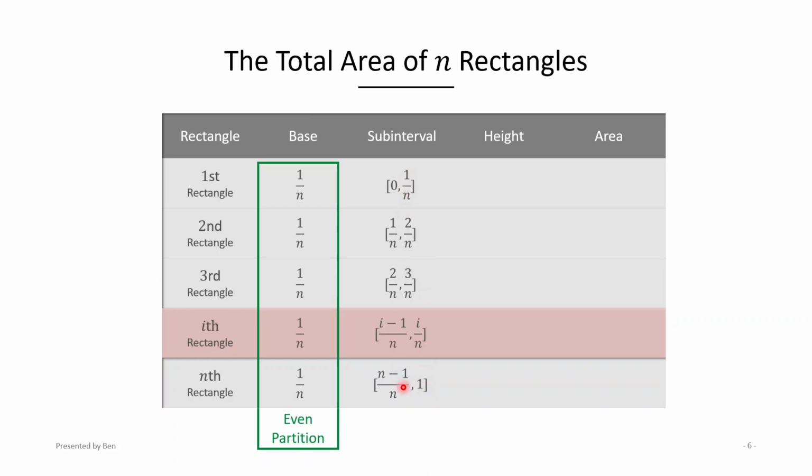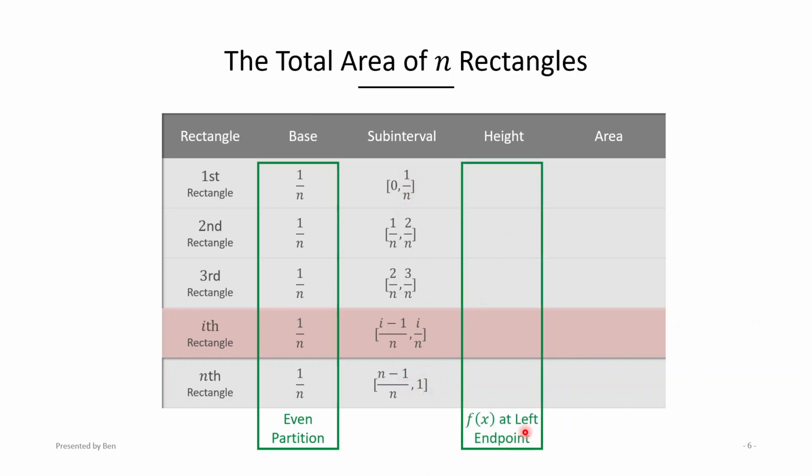With the subintervals, we can do the height and still take the left endpoint and take the function value. So for the first rectangle, it will always be 0 squared based on the construction. And for the second rectangle, it will be the square of the left endpoint, right?